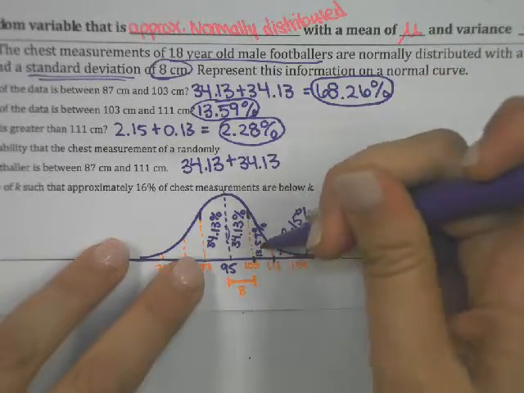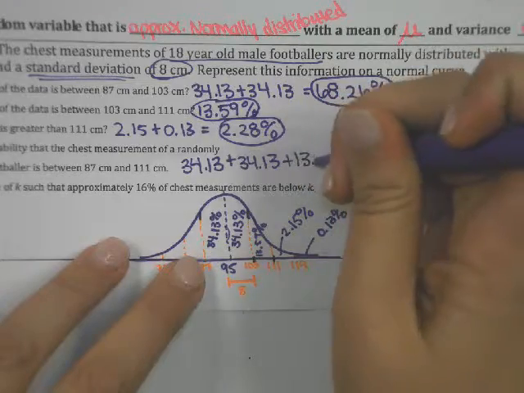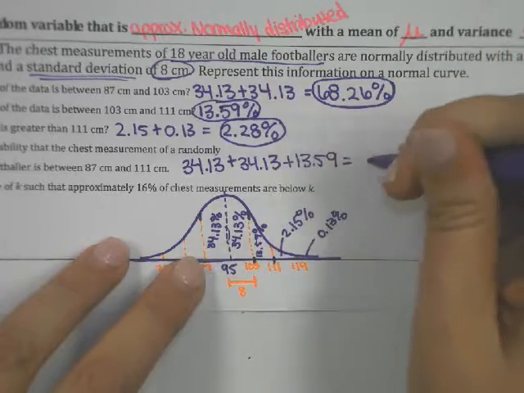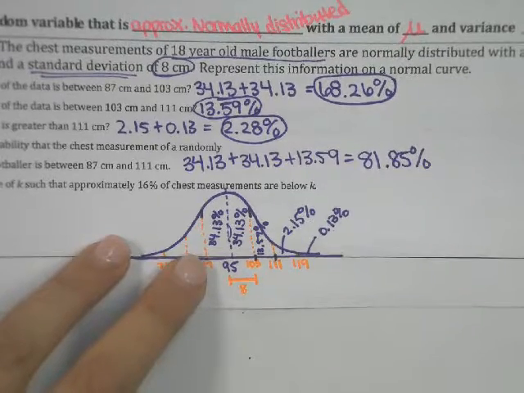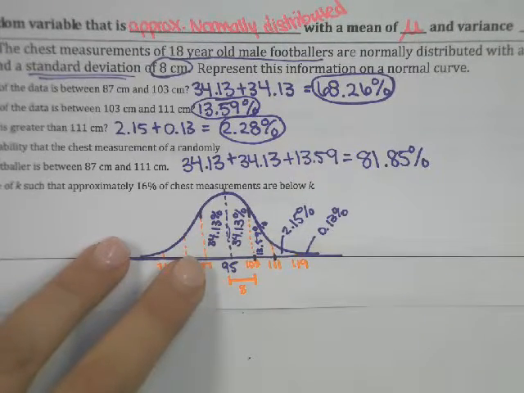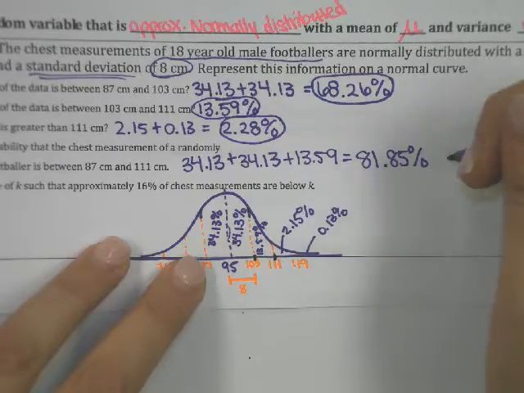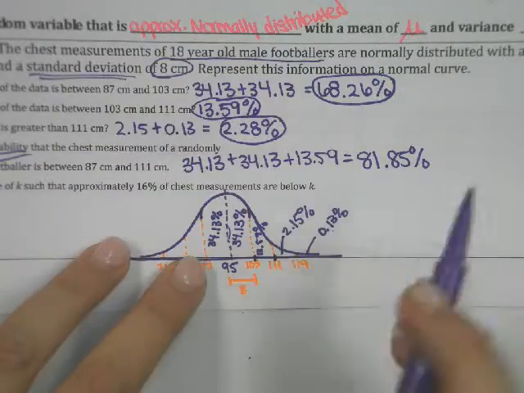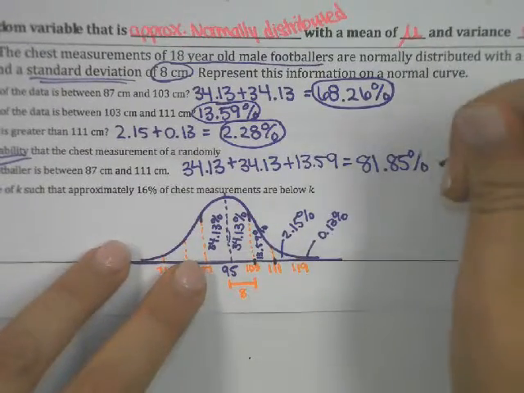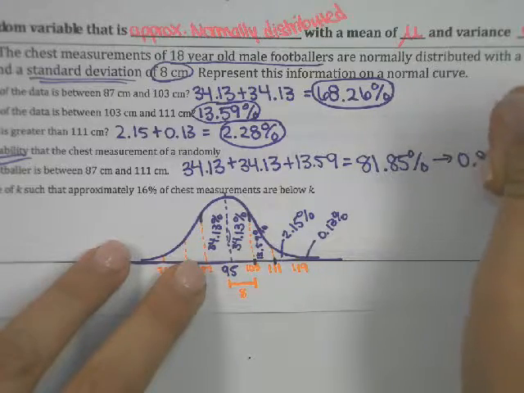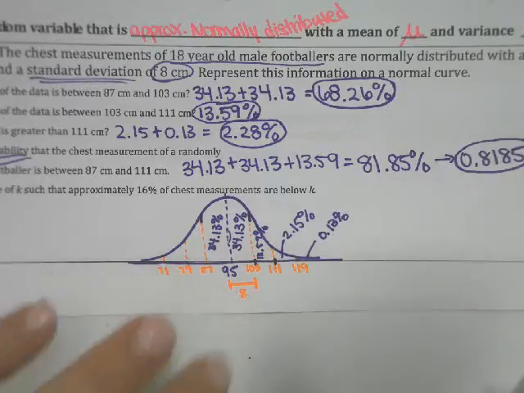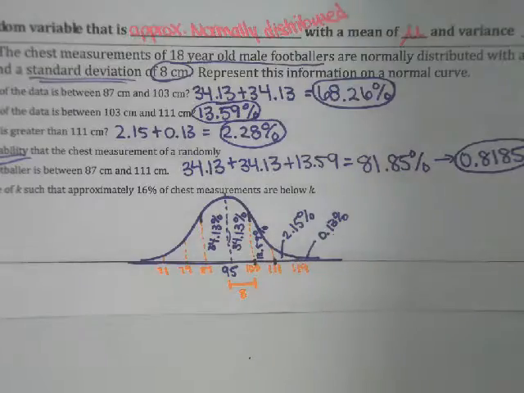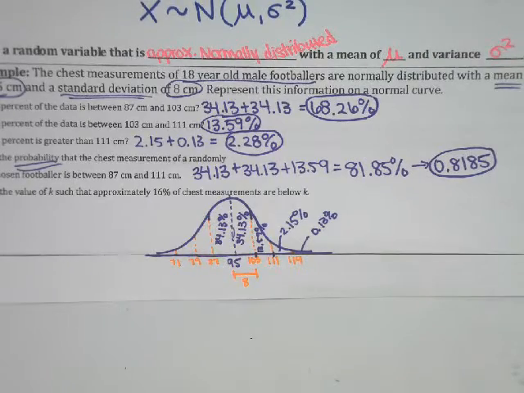We're going all the way to 111, so we've also got a 13.59. So that's 81.85% of football players that have a chest measurement between 87 and 111. As a probability, this would be fine, but a better answer would be 0.8185. Probabilities are out of 1 typically, but you could also leave it as a percent.